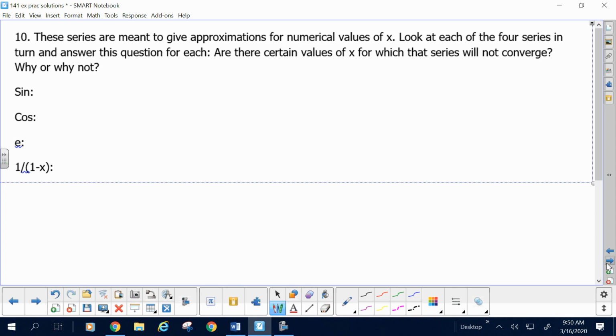This is different than my notes. Okay. Oh, I see. All right. So they're meant to give approximations for all numerical values. If you were to ask what values does the series match the function for, you would see that the polynomial can fit sine for all values. Same with cosine, same with e.